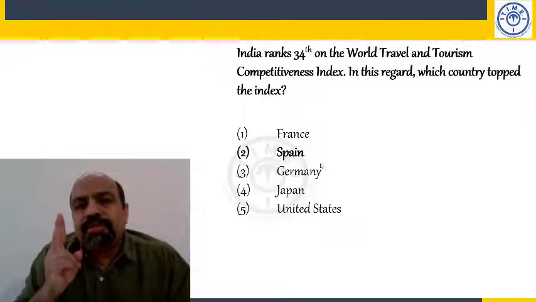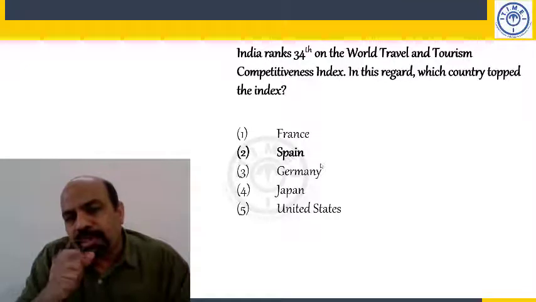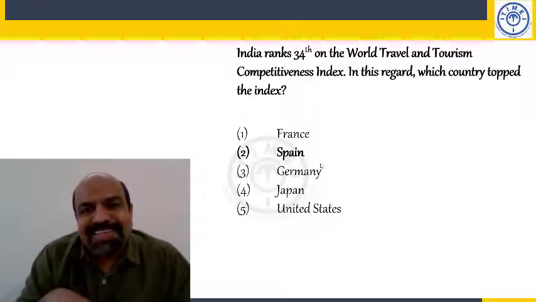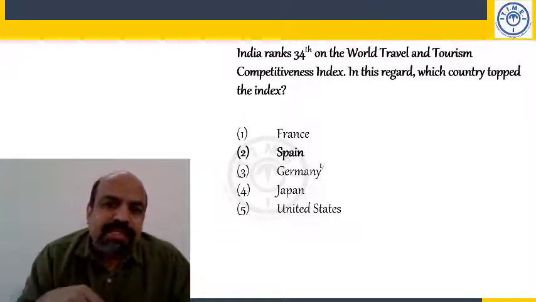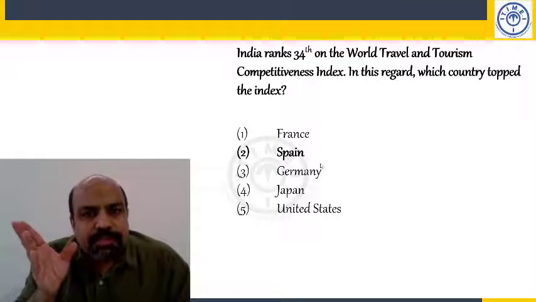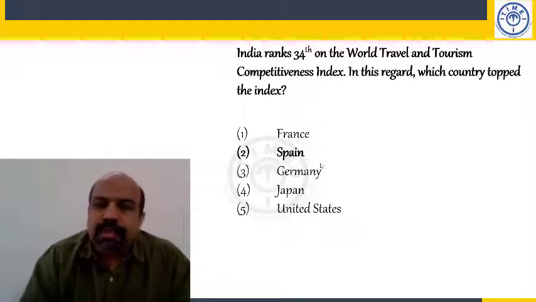So 1 is Spain, 2 is France, 3 is Germany, 4 is Japan, 5th is United States. And you know what? Japan is obviously the highest ranked Asian country. India's rank is 34th. Earlier it was 40, now it is 34th. Things are working.